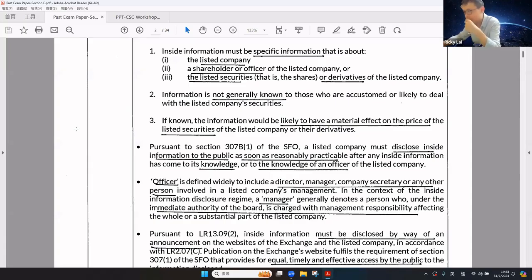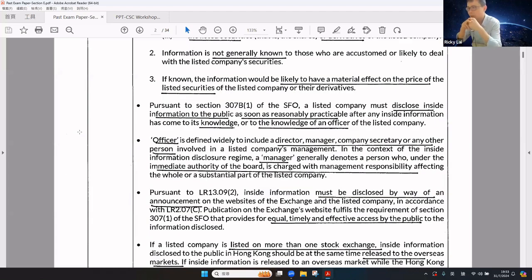If there is no knowledge, there is no need to disclose. However, if the director or officer has the knowledge or ought to have the knowledge, then the company must comply with the SFO inside information disclosure. The SFO also provides a definition of officer, which is a very broad definition.